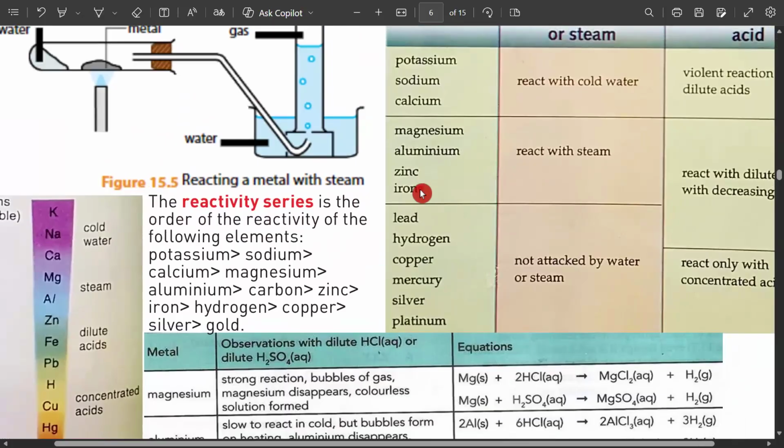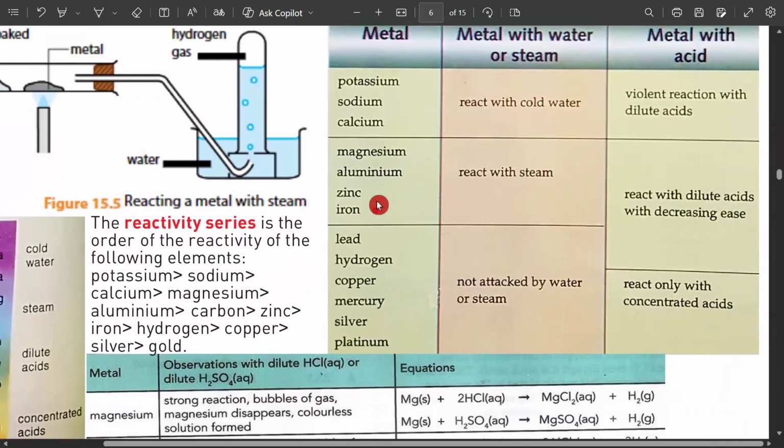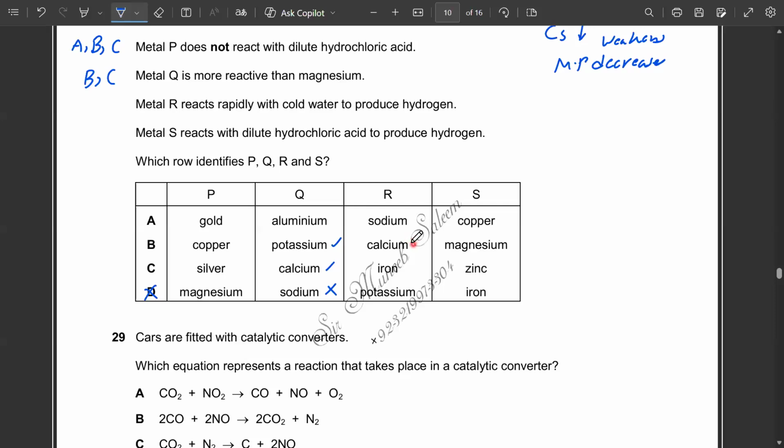Similarly here, iron shows a very low degree of reaction as compared to calcium. Calcium can even react with cold water, but iron requires steam for the reaction to proceed. So it's now clear that R will be calcium.